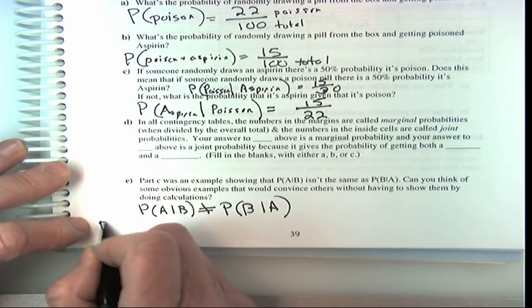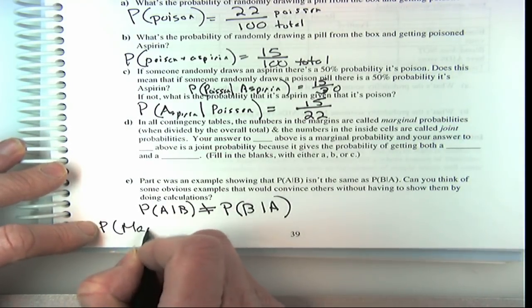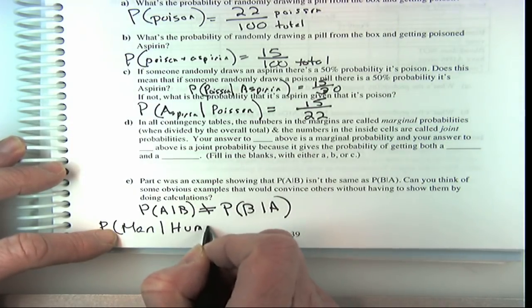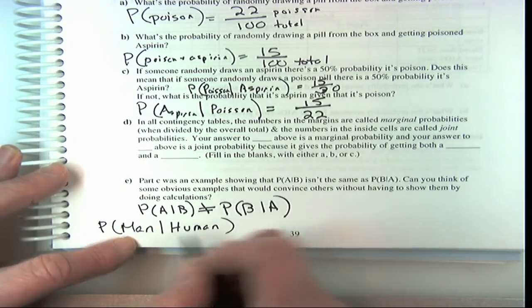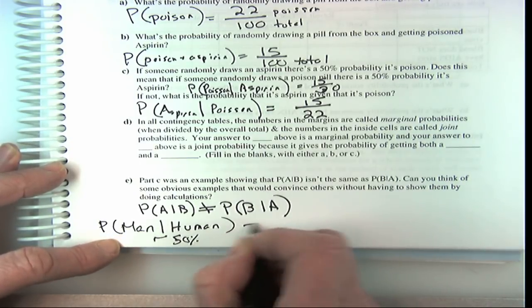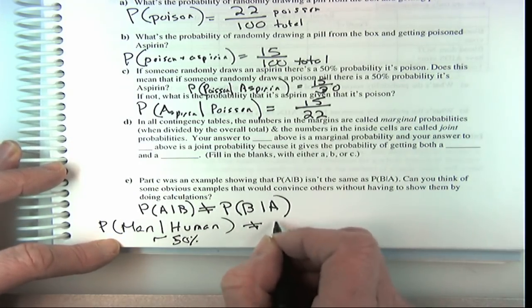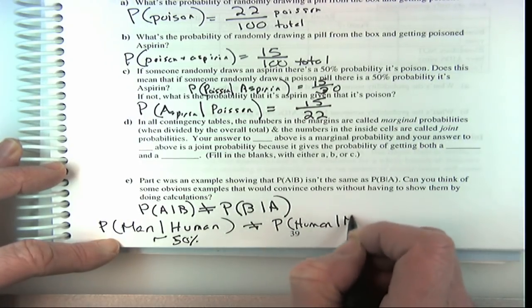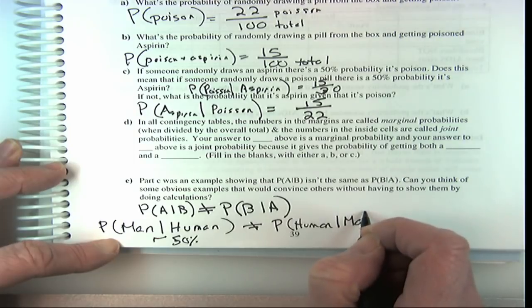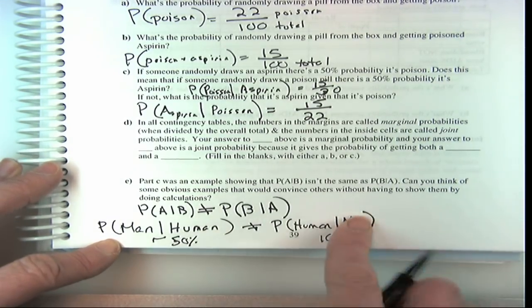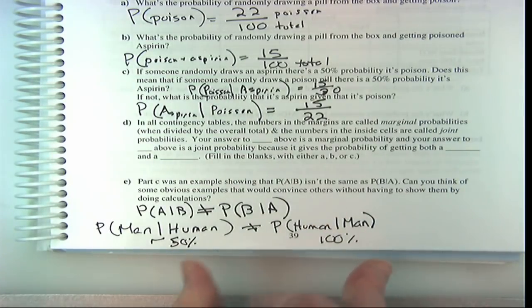Like the probability of being a man, given that you're a human, is about 50%. And that's not equal to the probability of being human given you're a man, which is 100%. If you know you're a man, you know you're human.